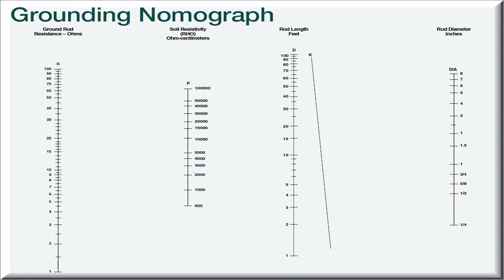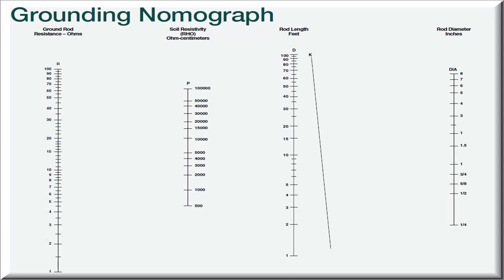We can use the nomograph to calculate the depth required to achieve our objectives with these 2 answers, plus the measured soil resistivity. Let's say we need the resistance for the grounding system to be no more than 10 ohms, and we choose ground rods that are 5/8 inch in diameter.